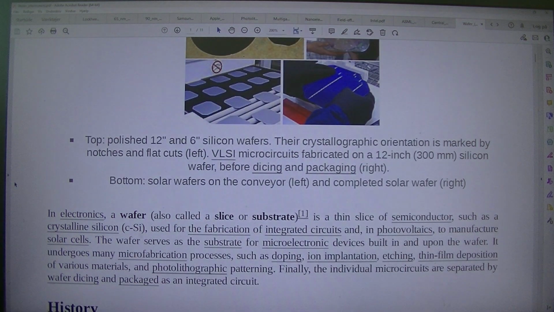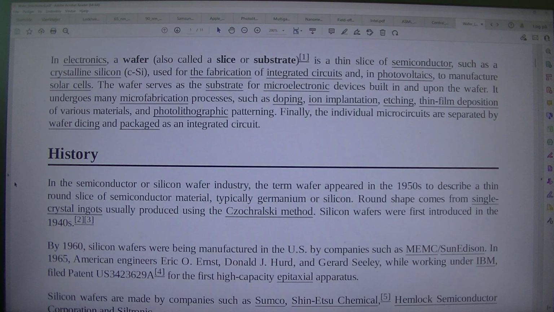In electronics, a wafer, also called a slice or substrate, is a thin slice of semiconductor, such as crystalline silicon, Si, used for the fabrication of integrated circuits and, in photovoltaics, to manufacture solar cells. The wafer serves as the substrate for microelectronic devices built in and upon the wafer.